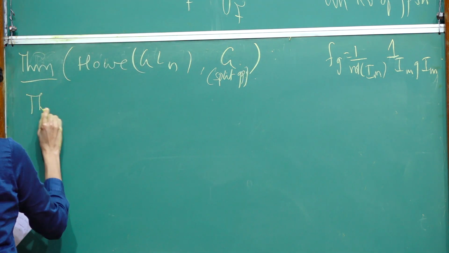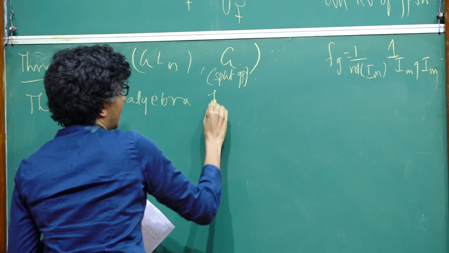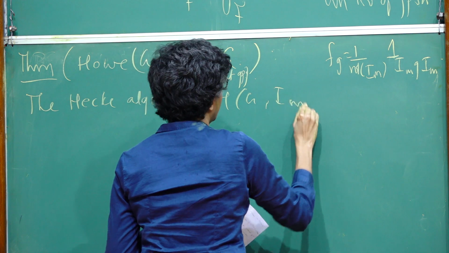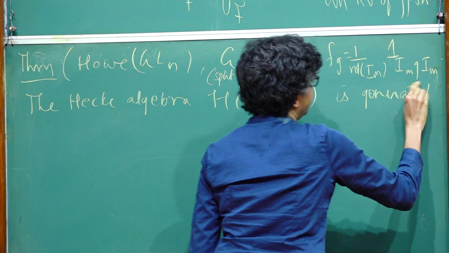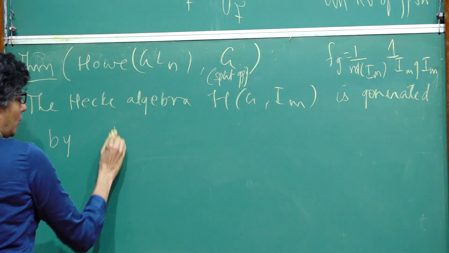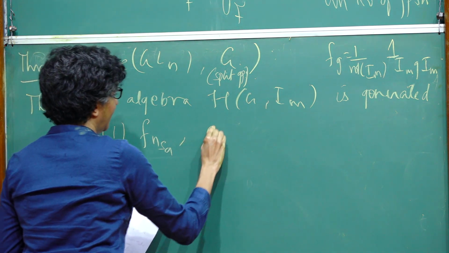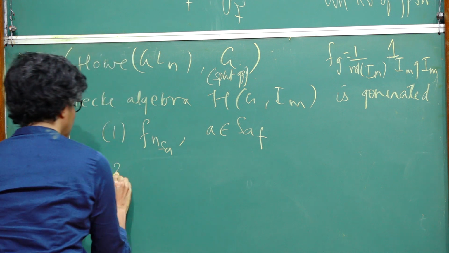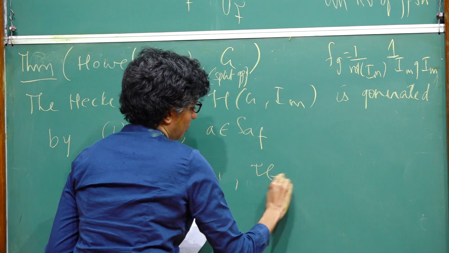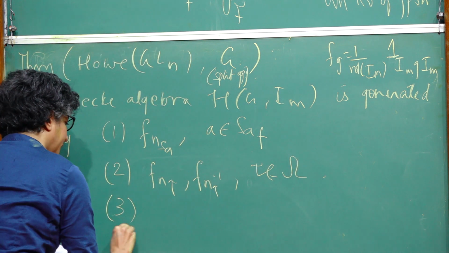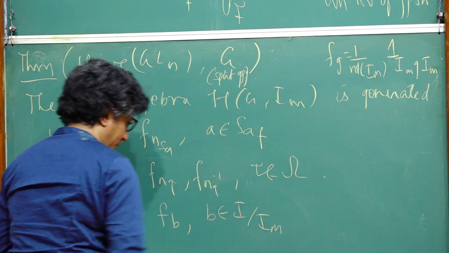The Hecke algebra H of G, Im is generated by one, f_{N_{S_A}}, S_A in S affine, two, f_{N_tau} and f_{N_tau inverse}, tau in omega, and f_b, say b in I mod Im, subject to a bunch of relations.